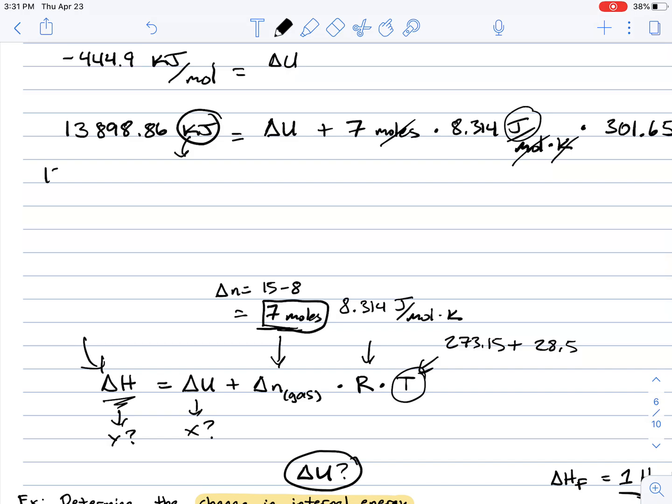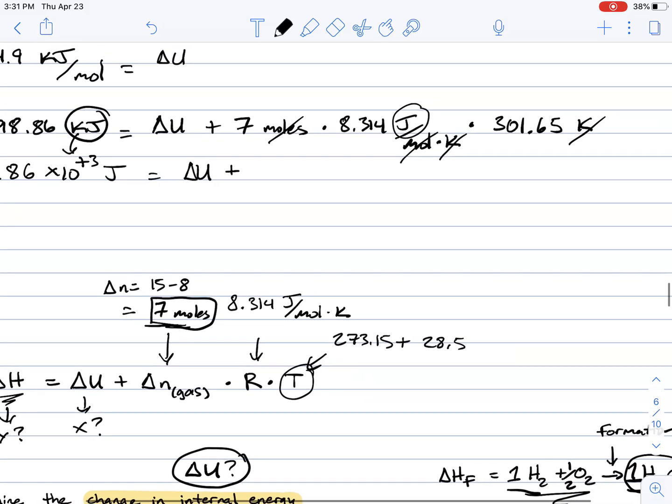And so here I have 13,898.86 times 10 to the positive 3 joules. That's equal to change in internal energy.